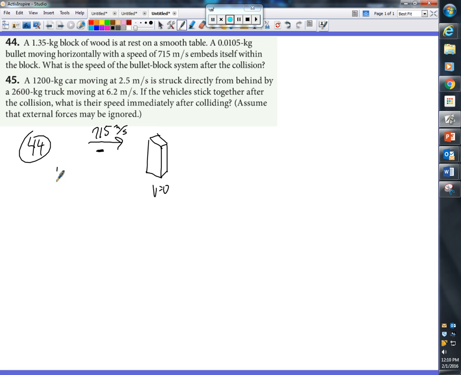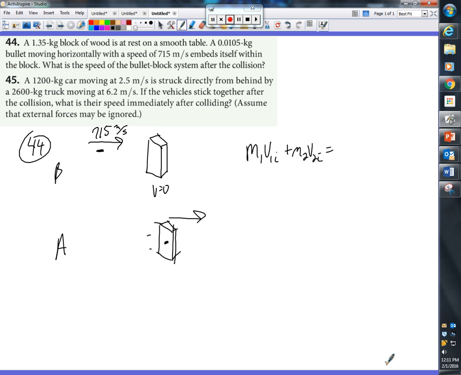So this is your, say, before picture, then your after picture is you have your wood block, bullet embedded within it, moving off at some speed that way. Okay, so conservation of momentum, m1 v1 initial plus m2 v2 initial.